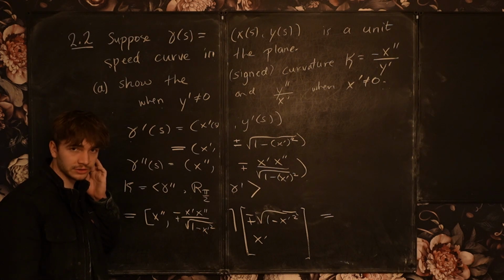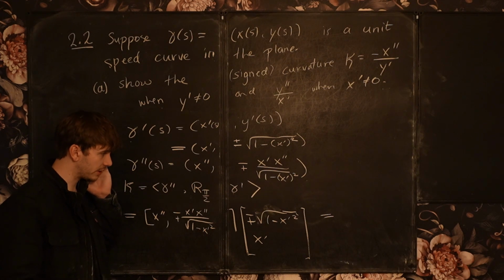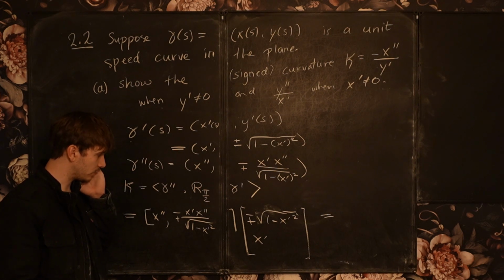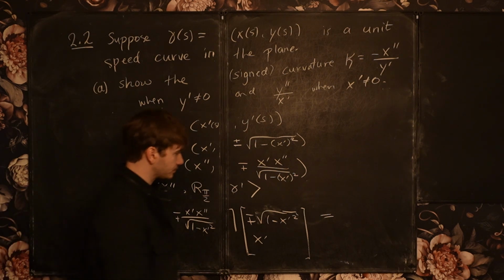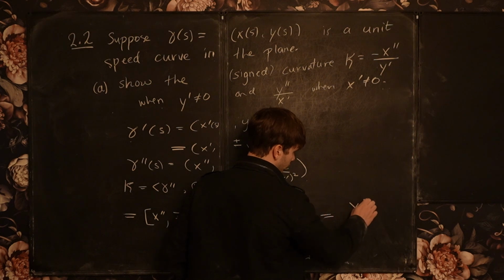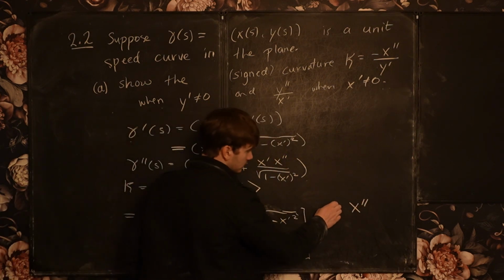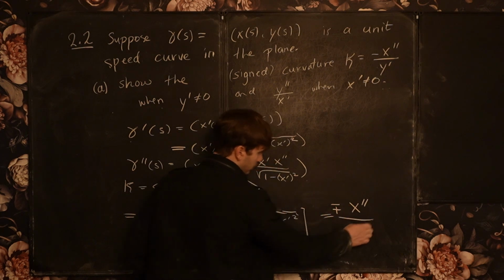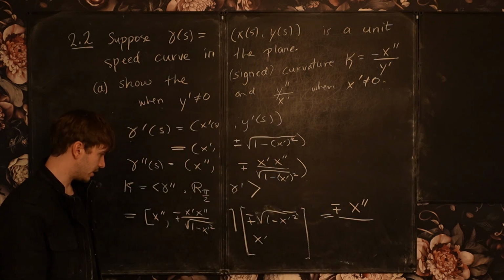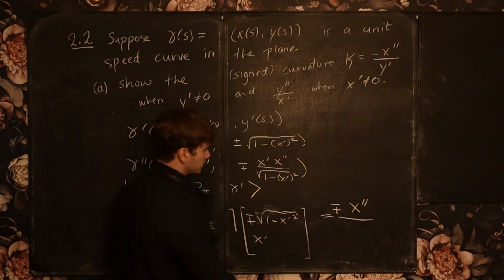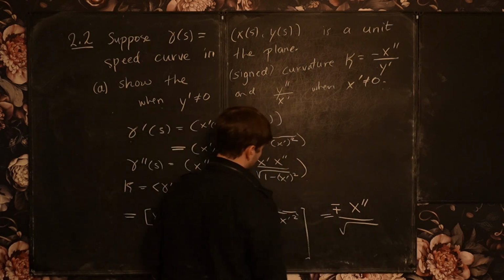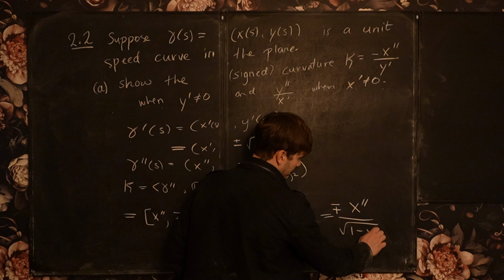So once you find the common denominator, the numerators will cancel, and we'll be left with just an x double prime, and then a minus plus, and then the common denominator, the square root of 1 minus x prime squared.